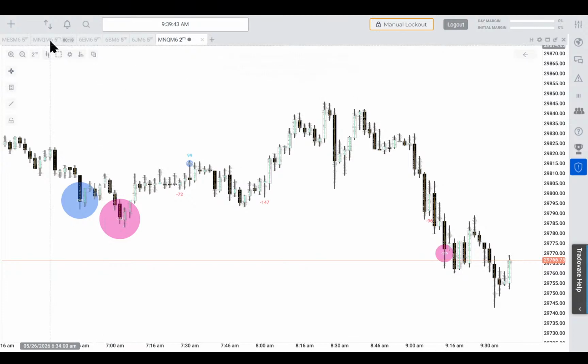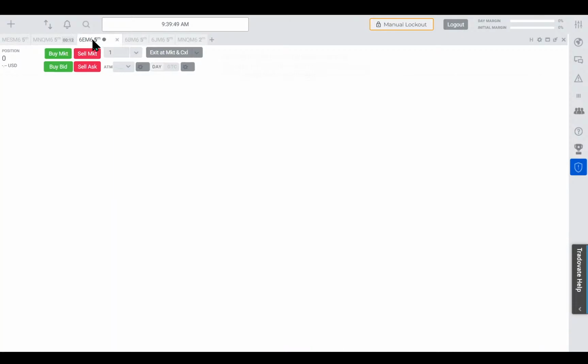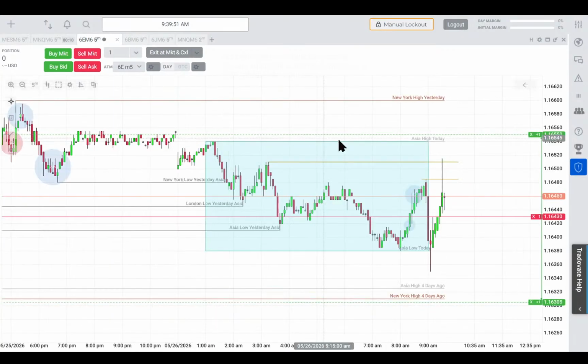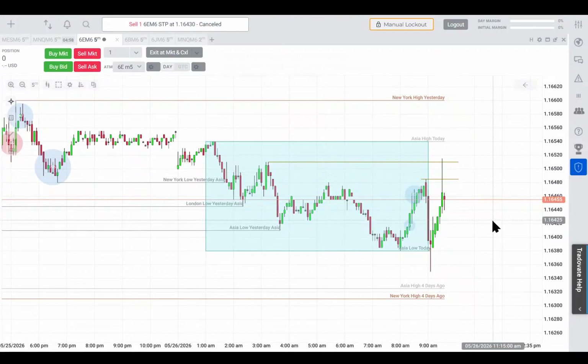We'll see. 15 seconds to go here. I'm just gonna look at my pendings. Doesn't look like anything here. I'll just look at the euro. Same deal. This is a pin formation, and what's currently forming here is something like a doji. Those are not the same, so we cancel, right?